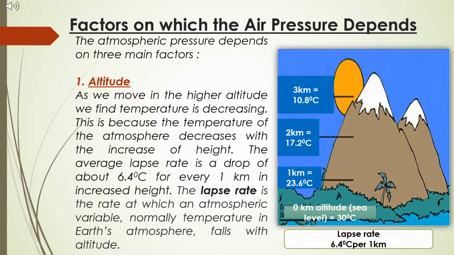The average lapse rate is a drop of about 6.4 degrees Celsius for every 1 kilometer increase in height. The lapse rate is the rate at which an atmospheric variable, normally temperature, in Earth's atmosphere falls with altitude. A diagram on the right shows the decrease in temperature with increasing height.